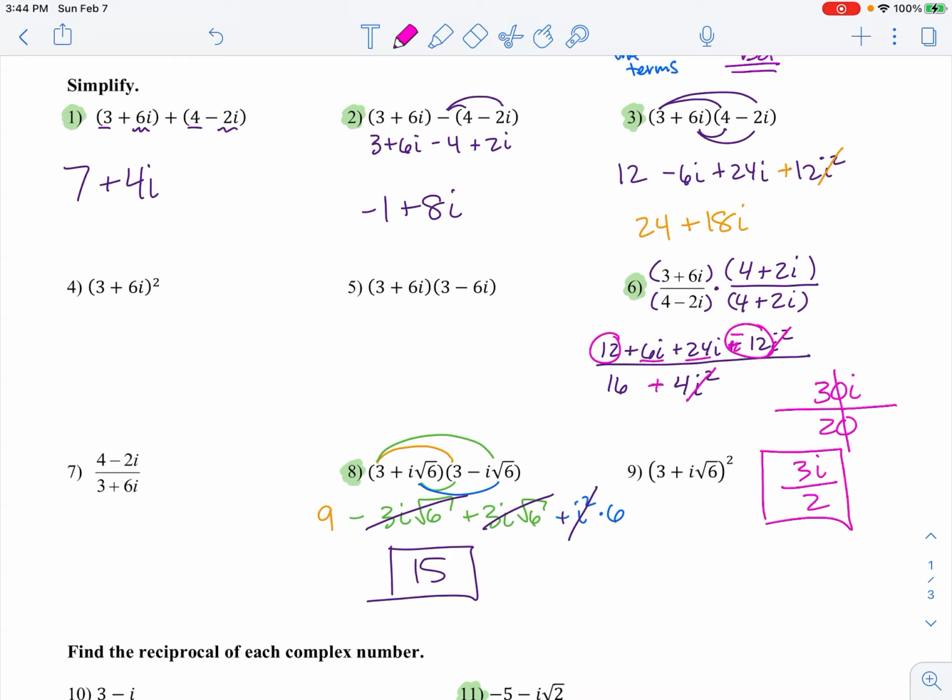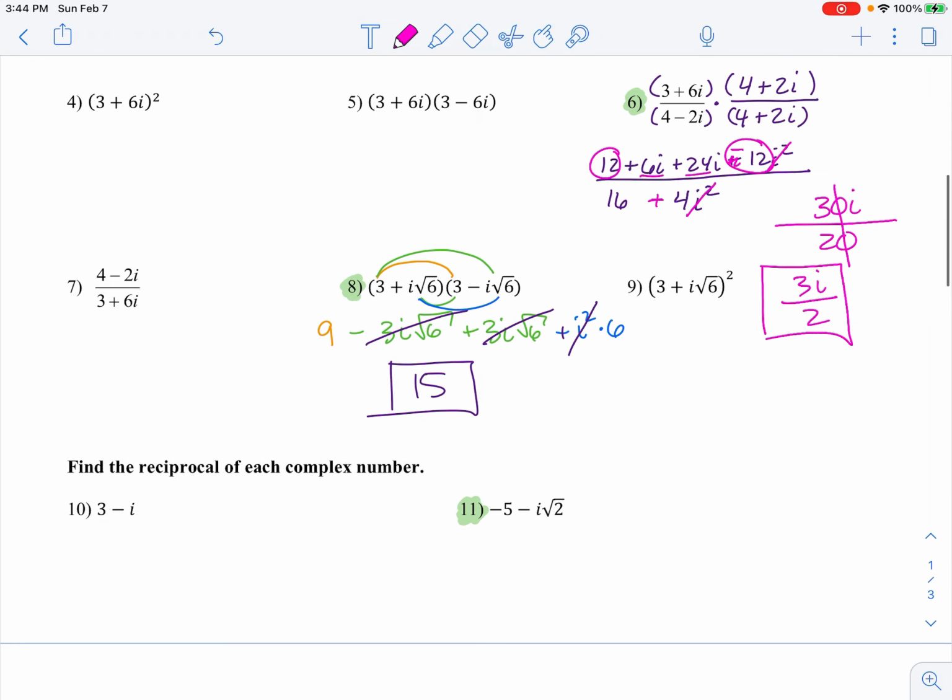All right, we're going to use that for number 11 as well. Number 11, I want to find the reciprocal. So what they're saying is this is like a fraction over 1. So what do I want to do? I want to flip it over. So I'm going to have 1 over. All right, now I want to simplify this by rationalizing.